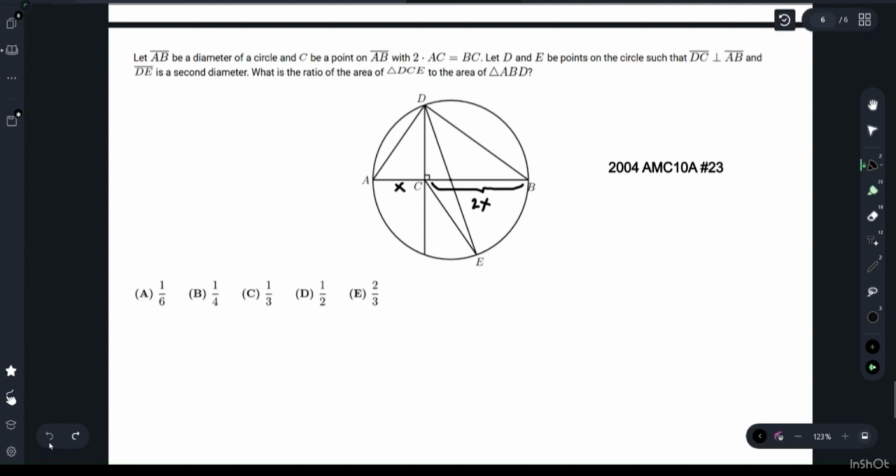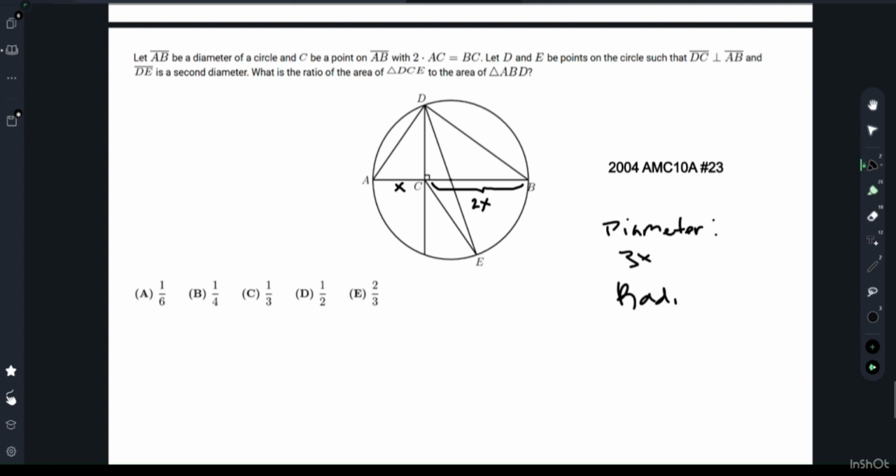So let's write that down. The diameter is 3x. So because the diameter is 3x, we know the radius is going to be half of it. So that's 1.5x.